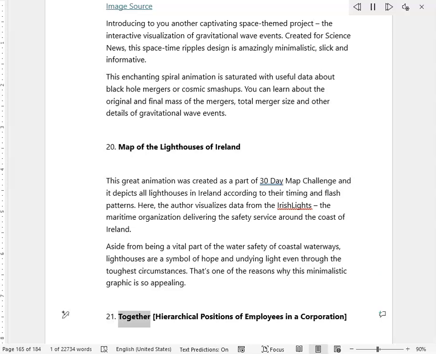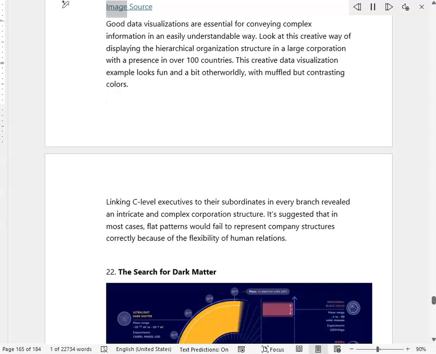21. Together, hierarchical positions of employees in a corporation. Image source. Good data visualizations are essential for conveying complex information in an easily understandable way. Look at this creative way of displaying the hierarchical organization structure in a large corporation with a presence in over 100 countries.